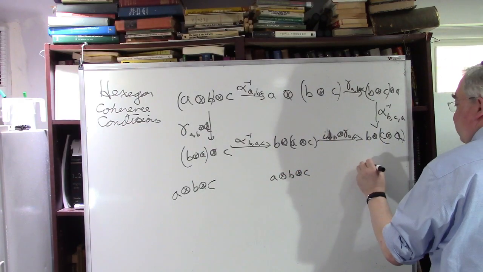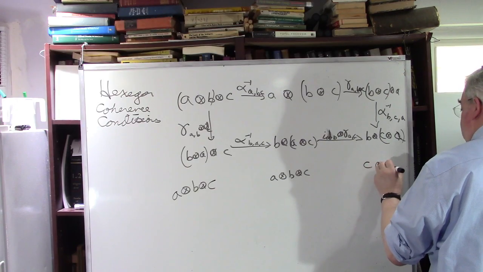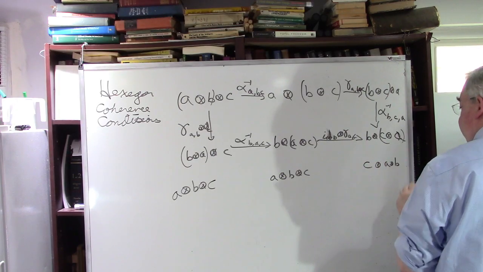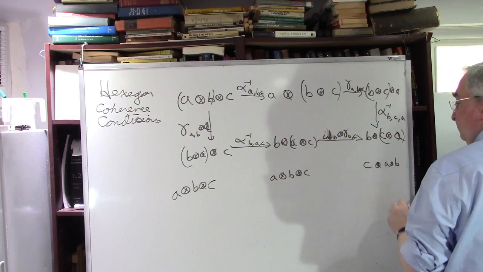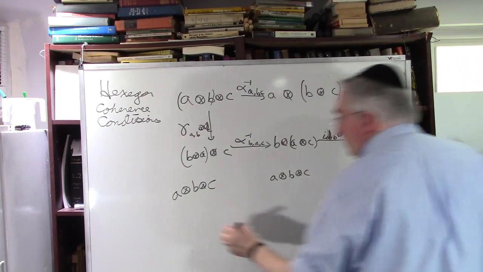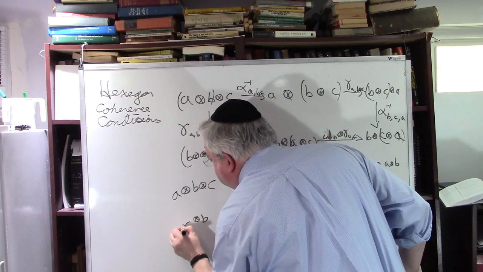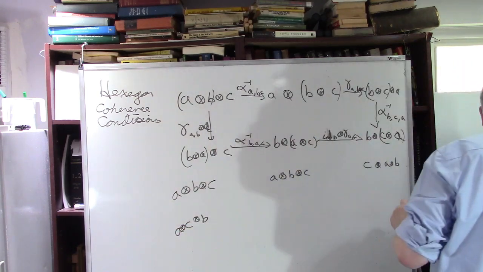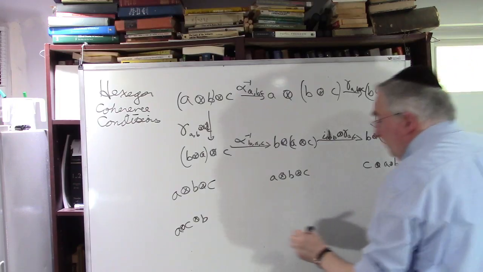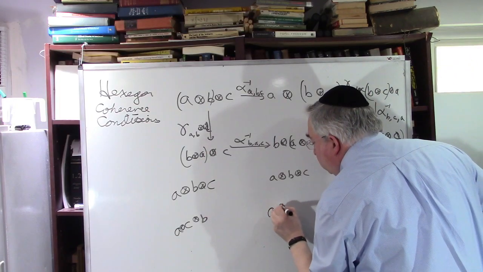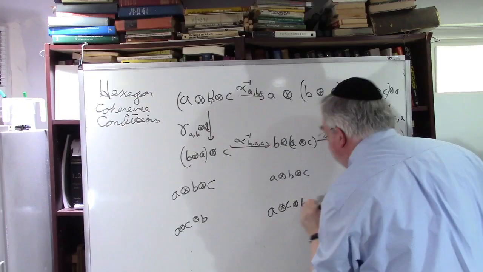This is C tensor A tensor B. This is ACB.